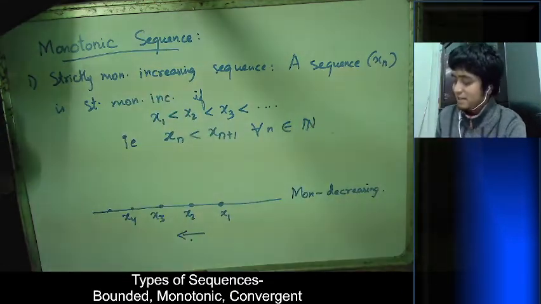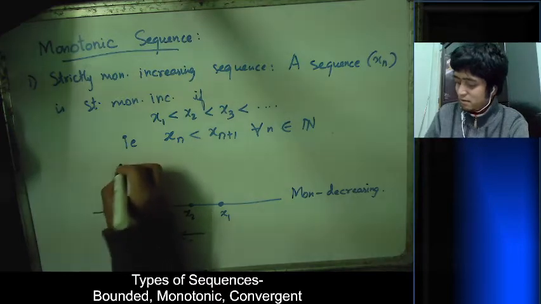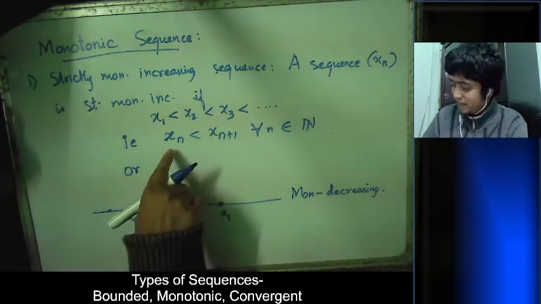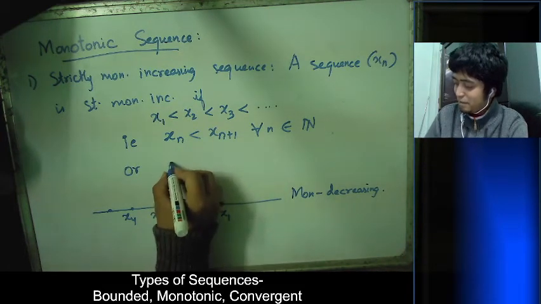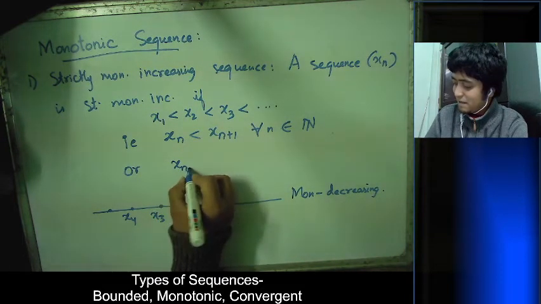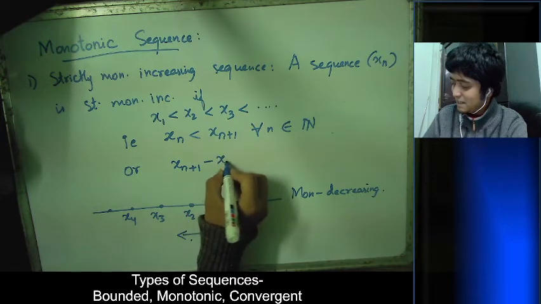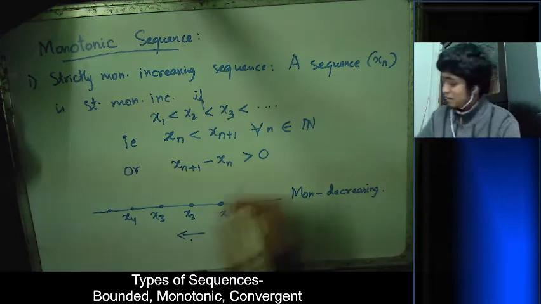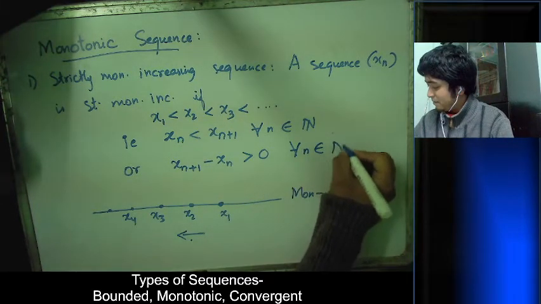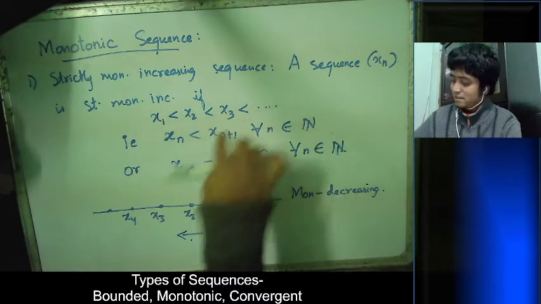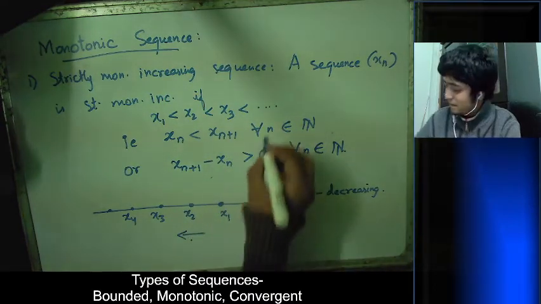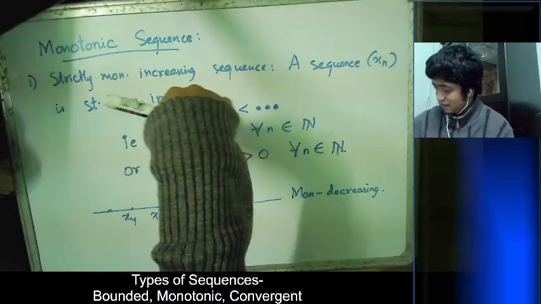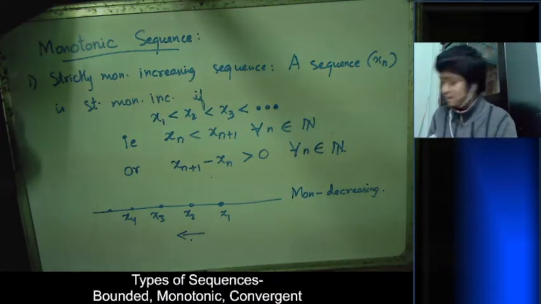Or if you take xn to that side, we will be having xn plus 1 minus xn greater than 0 for all n belongs to N. So you can define it in this way, or in this way. And do not forget the 3 dots, to indicate that it continues.